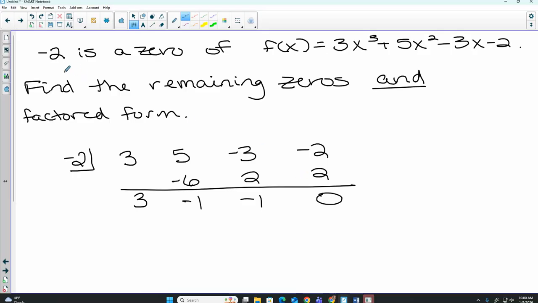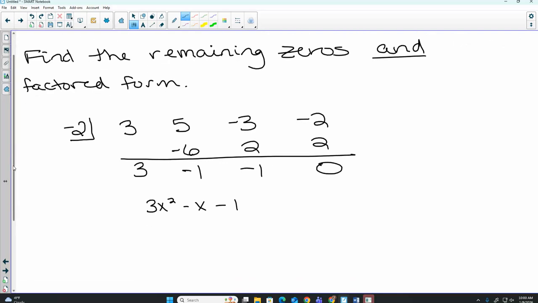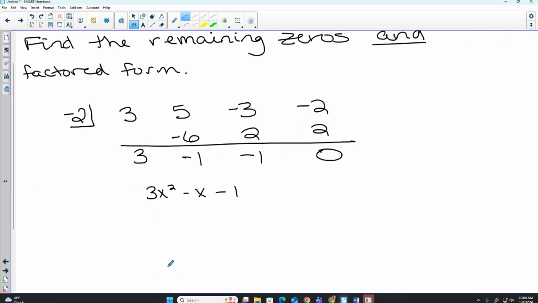I told you it was a 0. So if you get something else, fix it. Okay, go back and find your mistake. So this is 3x squared minus x minus 1. Oh dang, I was hoping it came out nicer. Shoot, I picked a bad example. That's all right. What would you do now?